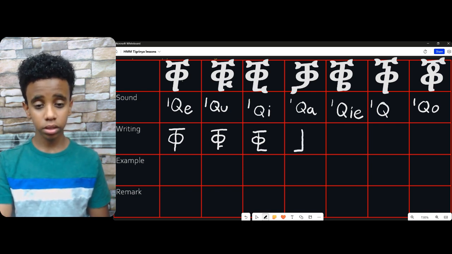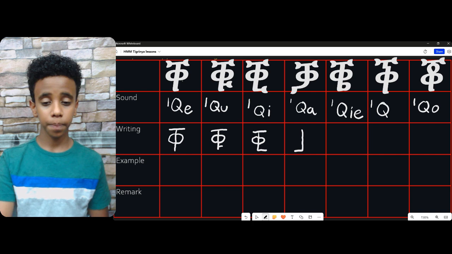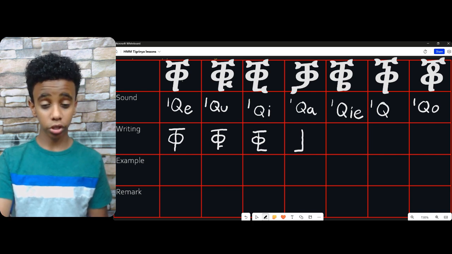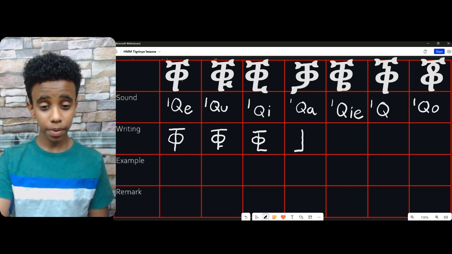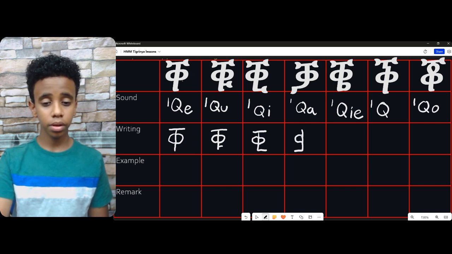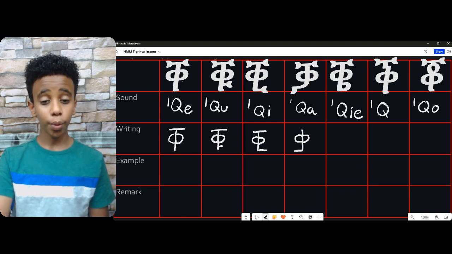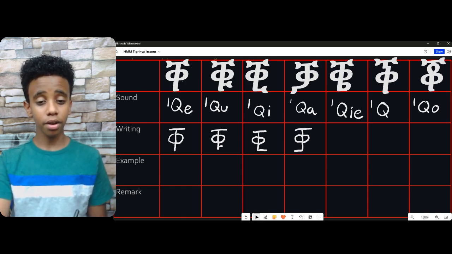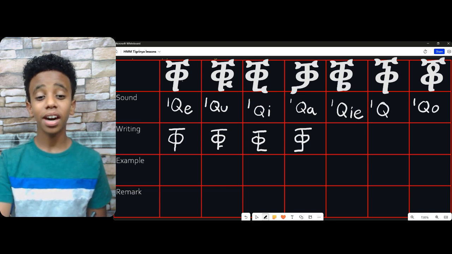So you make it like this, and then you do something like that. So this is the first step. Then the second step is to make a half circle near the middle, another half circle, and then make a hat over it. This is how you write the letter qa.